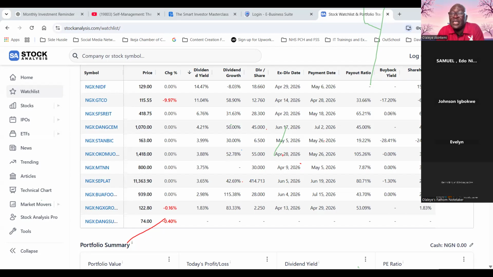Everybody is buying their shares digitally now. You log into your stockbroker app or your stockbroker website and you buy your shares. Even in the middle of the night, you wake up at 2 a.m., you feel like selling some shares, you log in and you sell. You wake up in the morning, you feel like buying more shares, you log in and you buy shares.